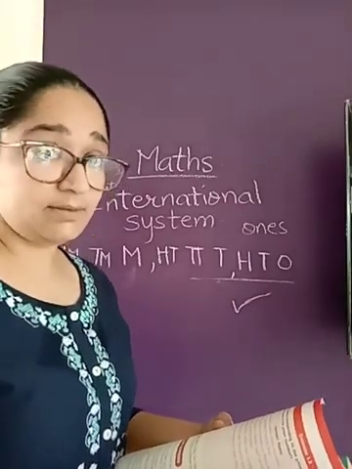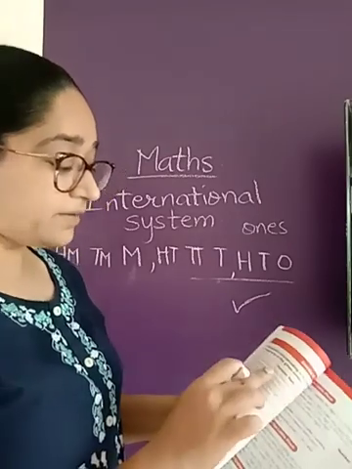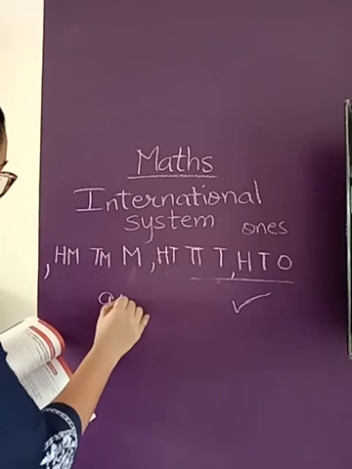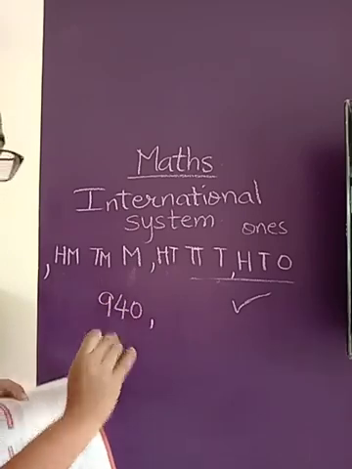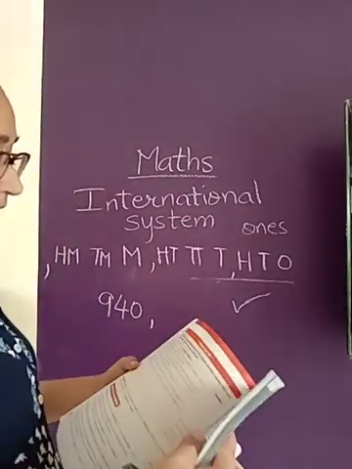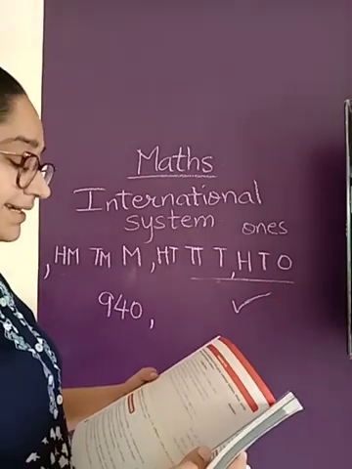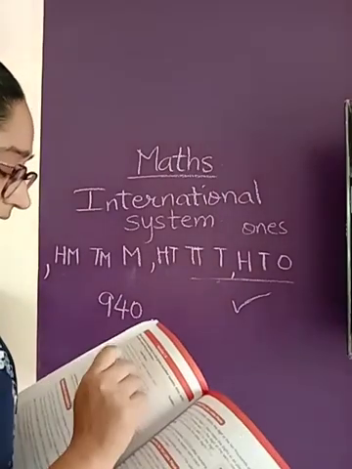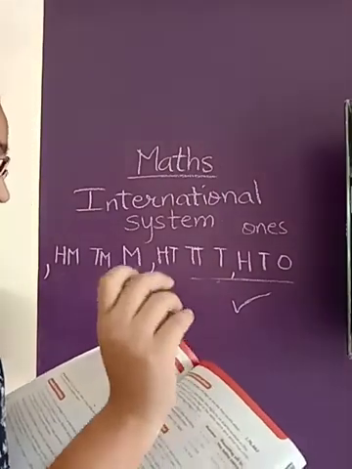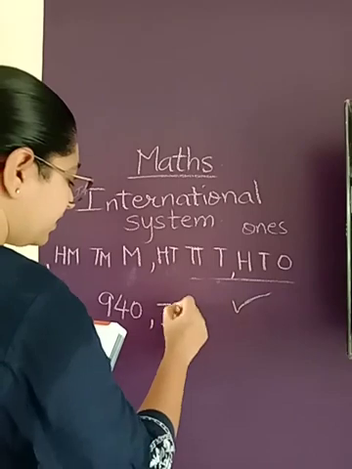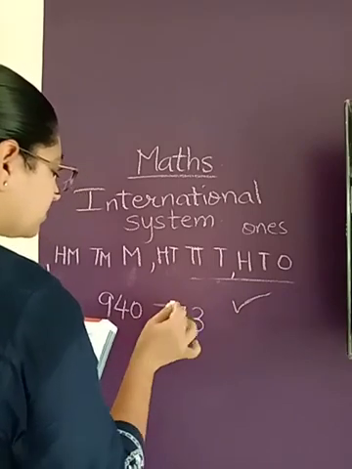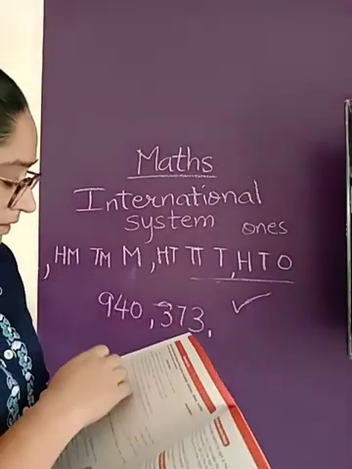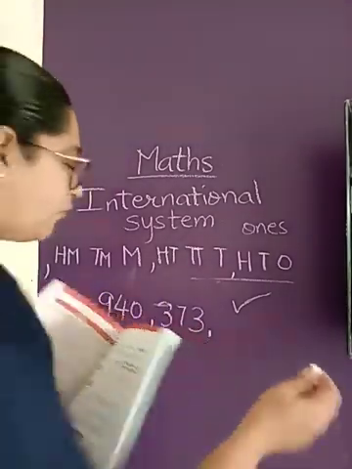940 million. Now this is the million group. So whatever is there in the million group, just write it down. 940 million. This is your million group. 373,000. Second is your thousand group. What is given there? 373,000. This is your thousand group. 924.